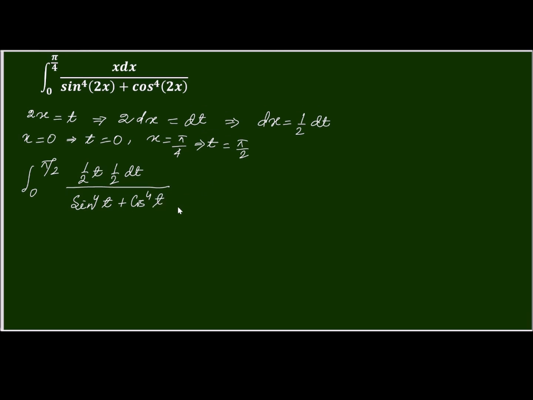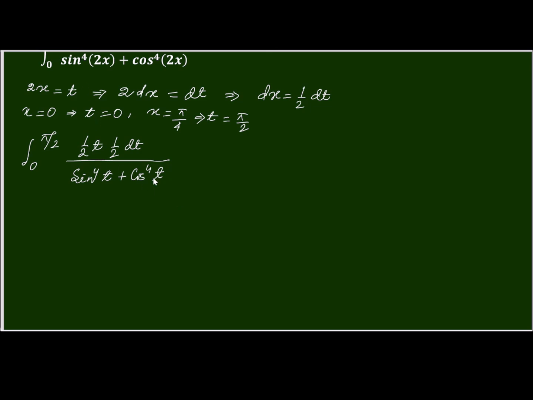The next line, this is a little bit simplifying. This is 1 by 4, integral 0 to pi by 2, t dt over sine power 4t plus cos power 4t. Your integral.